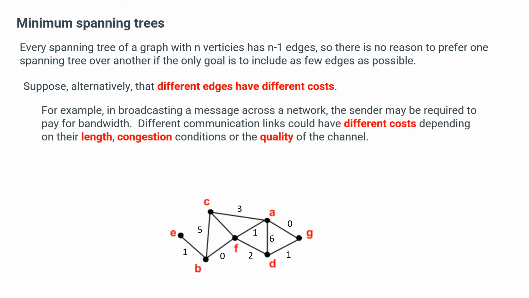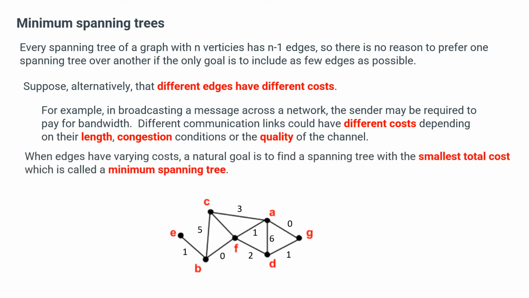So here's an example. In broadcasting a message across a network, the sender maybe would be required to pay for, let's say, bandwidth. Okay, so different communication links might have different costs depending upon their length, congestion conditions, or the quality of the channel.